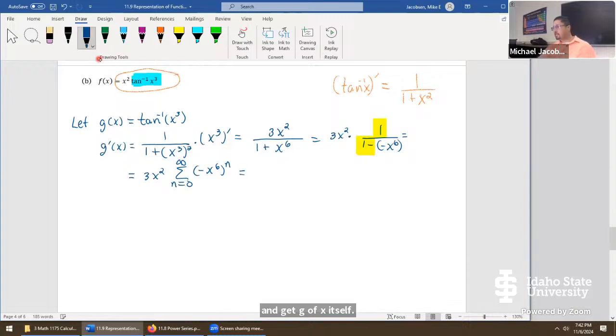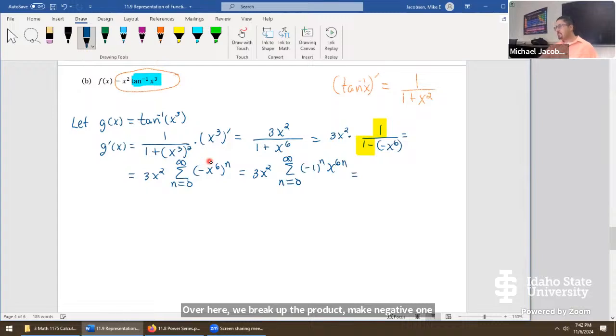So continuing on in the simplification, we have 3 times x squared. Sorry, I'm struggling with this penmanship here. Let me write it out better. 3x squared this way. Sum is from 0 to infinity. Over here, we break up the product, make negative 1 to the power of n, multiply x to the power of 6n. And finally, this is the major step that gets us in a good spot for integration.